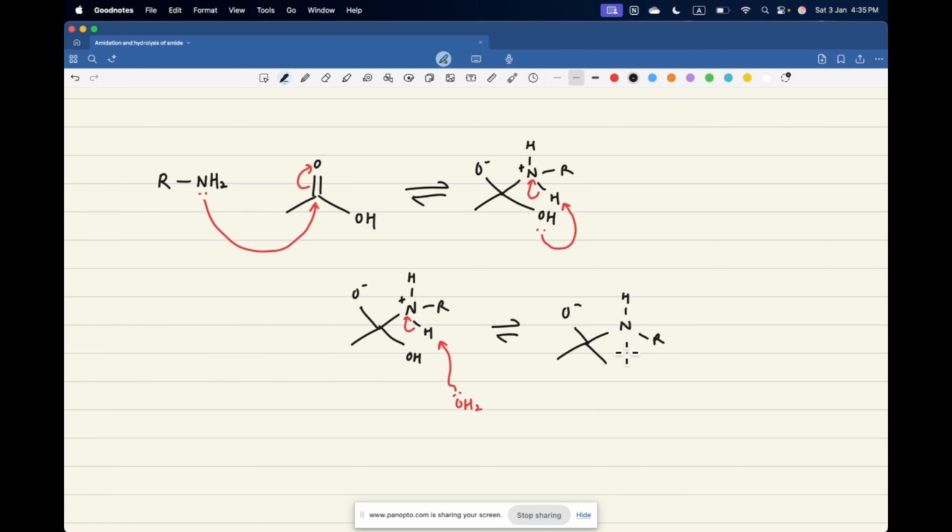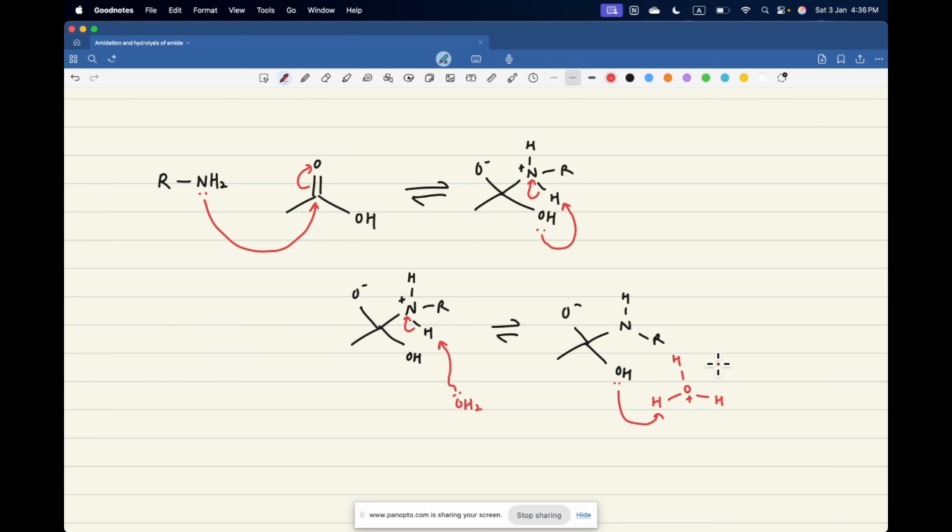So this nitrogen is no longer positive, and we generate H3O plus, right? This electron from this oxygen is going to grab the hydrogen from the H3O plus that we've generated just now. So I can expand it so that we can look more clearly.